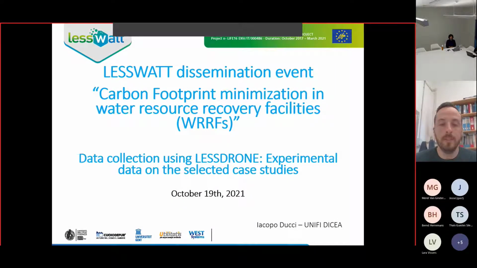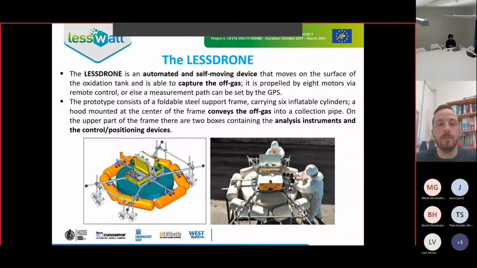I'm presenting you the data collection with the use of the LESSDRONE, and the experimental data on the selected case studies. The LESSDRONE is an automated and self-moving device that is able to move on the surface of the oxidation tank and is able to capture the off-gas.